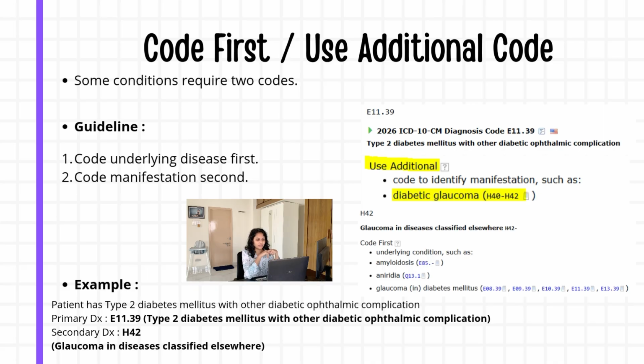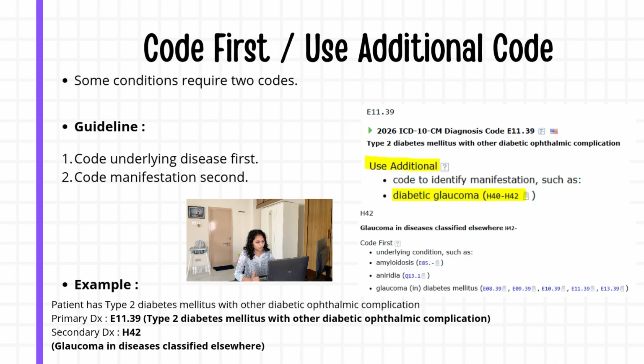E11.39 should be the primary diagnosis. This code tells us the patient has type 2 diabetes and that the diabetes has caused an eye-related complication. And here the complication is glaucoma, which is our manifestation or complication code. So glaucoma is our secondary diagnosis code. Why is this important?